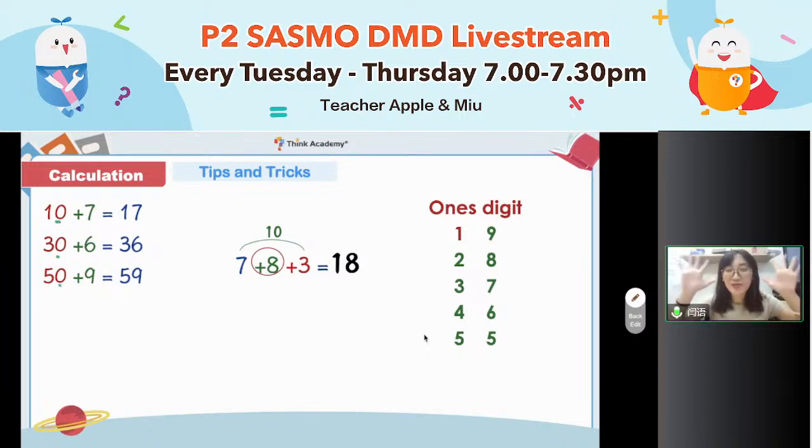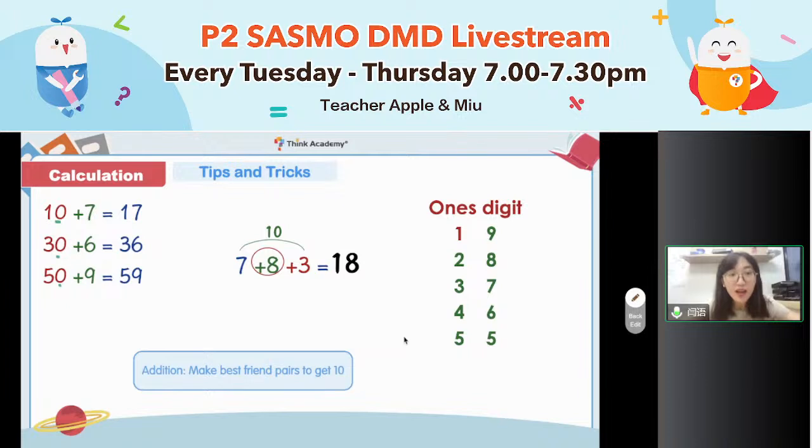I think this part is very easy for you, right? For ones digit. Okay, so here everyone, look, another key point. When it comes to addition, we try to make best friend pairs to get tens, to make sure that the last digit, the ones digit, is always a 0.